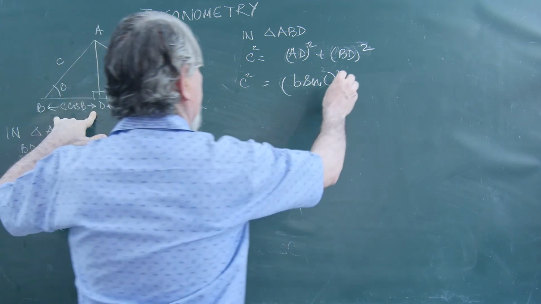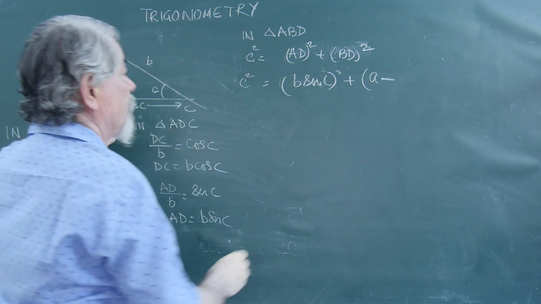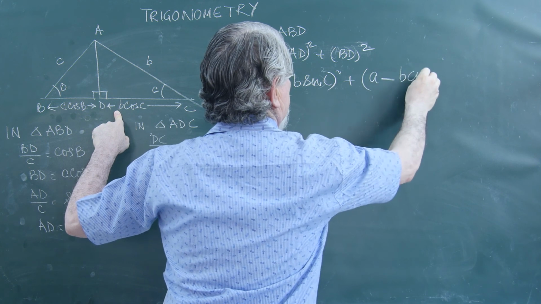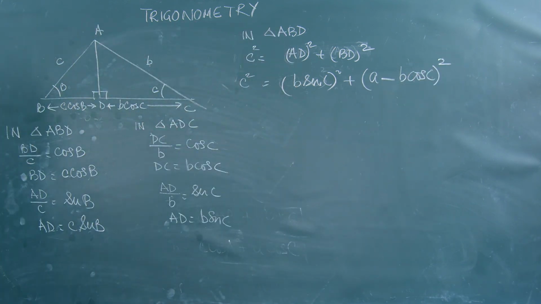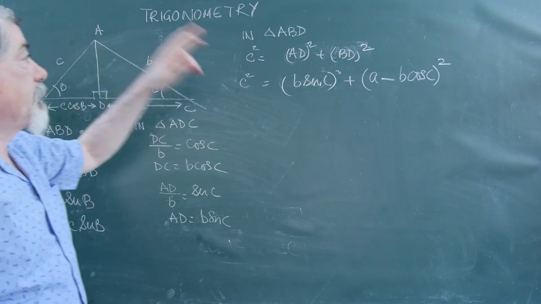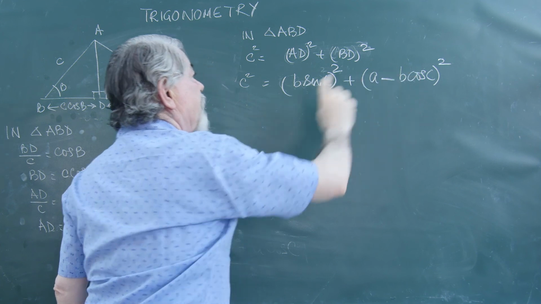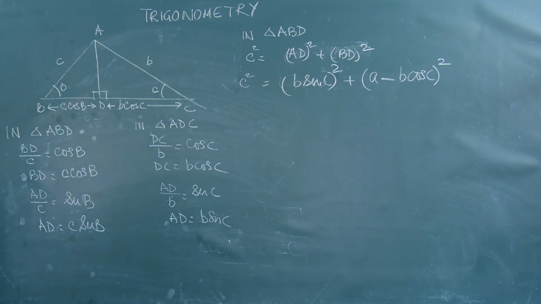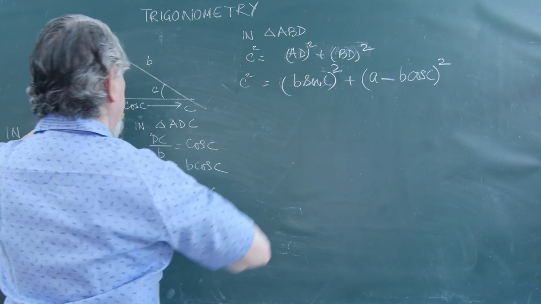BD square I'll write as A minus B cos C whole square. Why A minus B cos C whole square? Because sine square C is coming here, B cos square C will come, and I will be able to combine them and get 1. If I had written C cos B, I would not have got here.